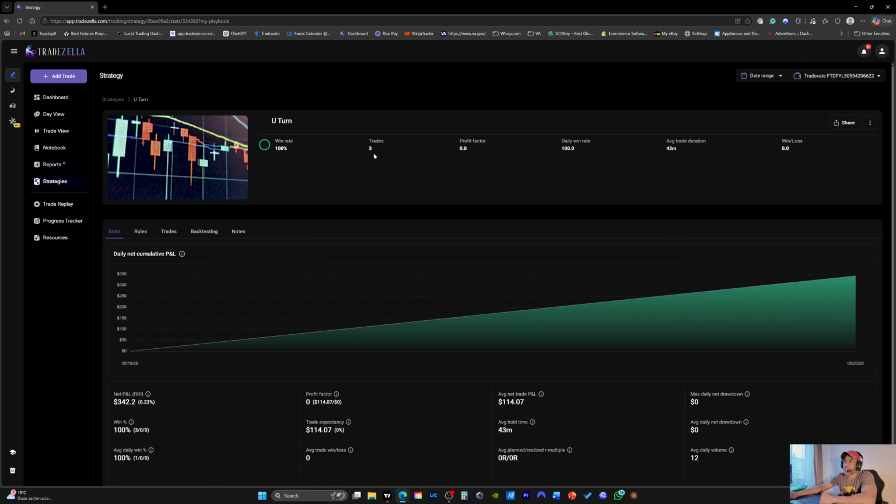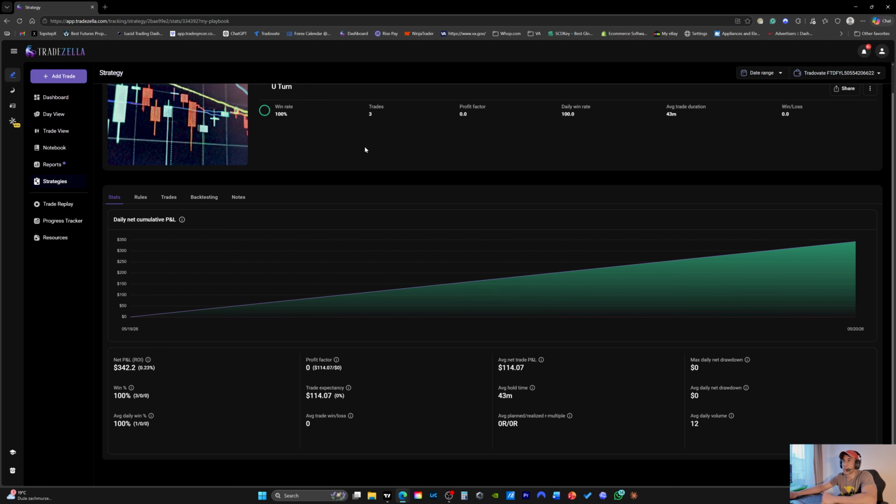The U-turn, 3 trades so far, and 100% win rate. I'm thinking of adjusting my take profit to 40 ticks, which is 10 points, which is actually not bad at all for ES. It'll increase my win rate even more.